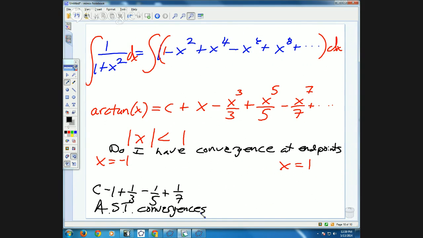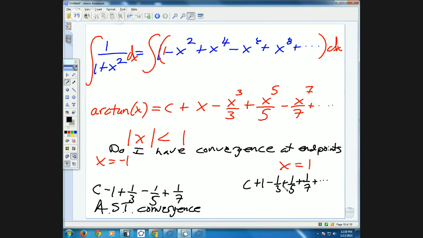What about on the other side? On the other side, I'm going to get C plus 1 minus 1/3. It just changes the alternations. Minus 1/5 plus 1/7. So this is the opposite of what I found there, which must also converge.